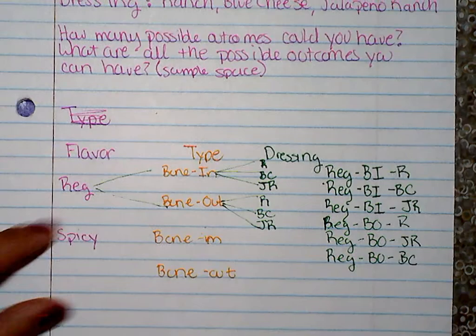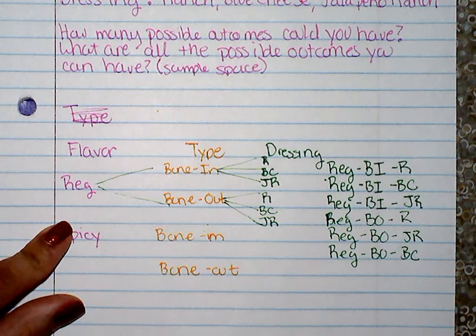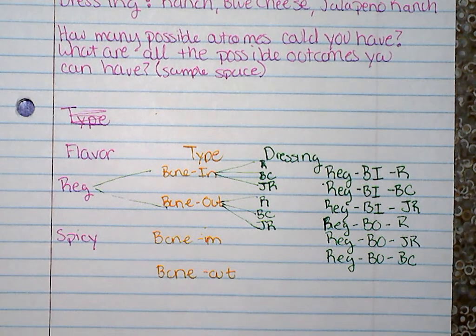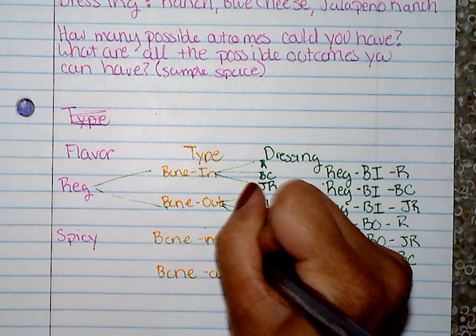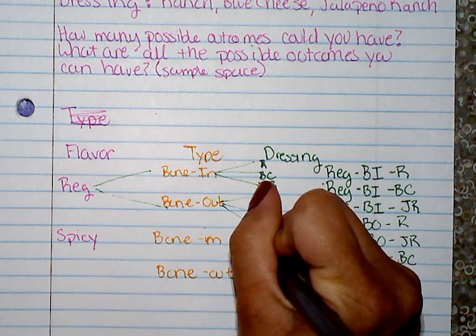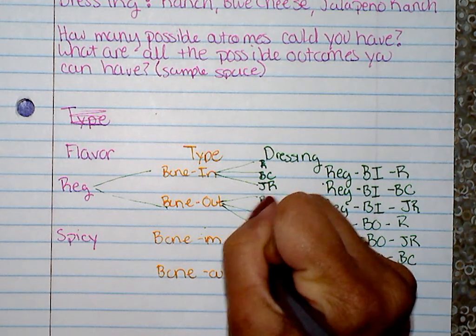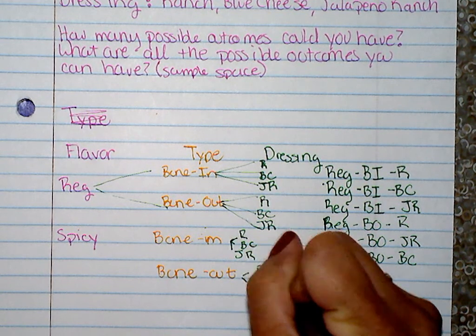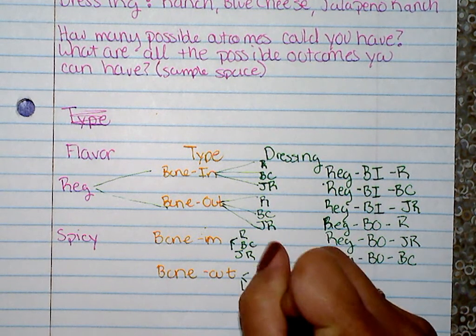And I would do the same for the spicy bone in and spicy bone out. So I can have, Miss Gomez didn't plan very well, ranch, blue cheese, and jalapeno ranch.